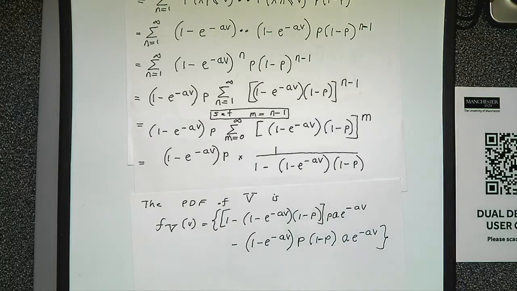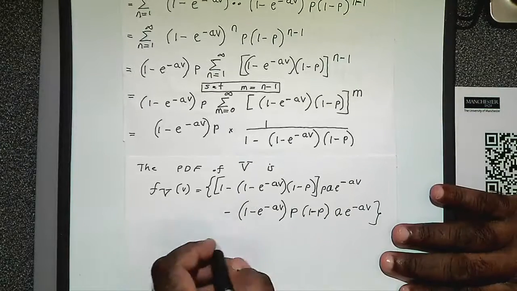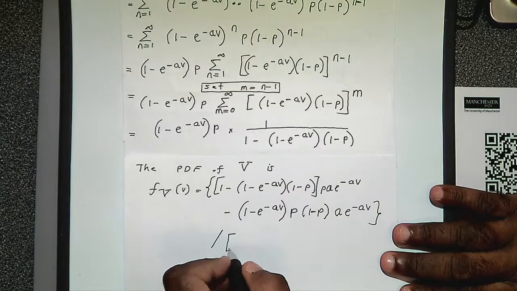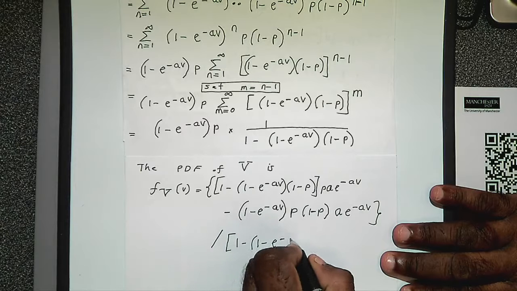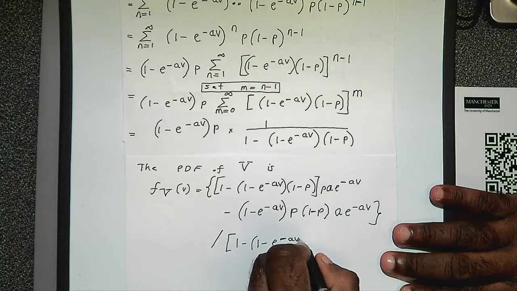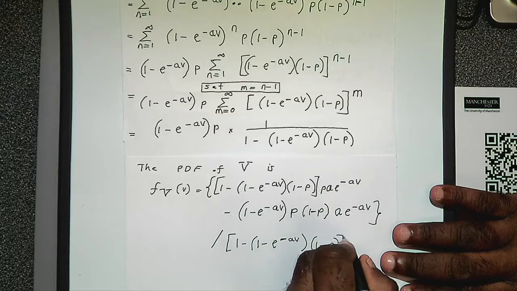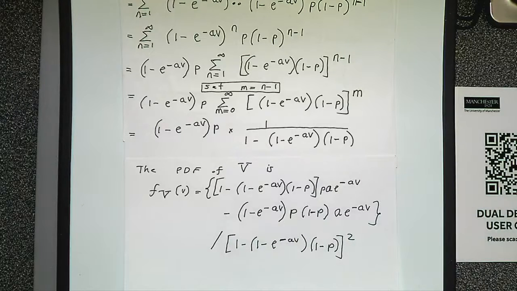So I'm just using the quotient rule, okay? And you divide this by. Okay guys, so that's the PDF of the maximum portfolio loss, right?